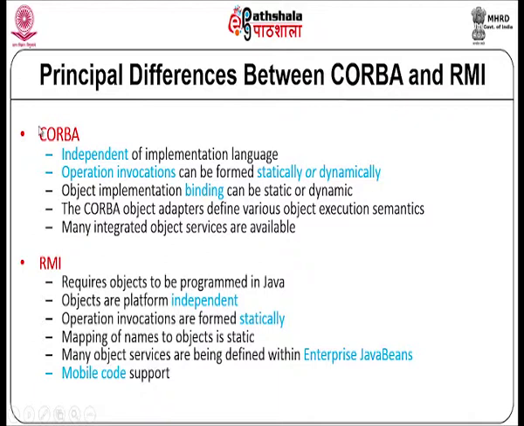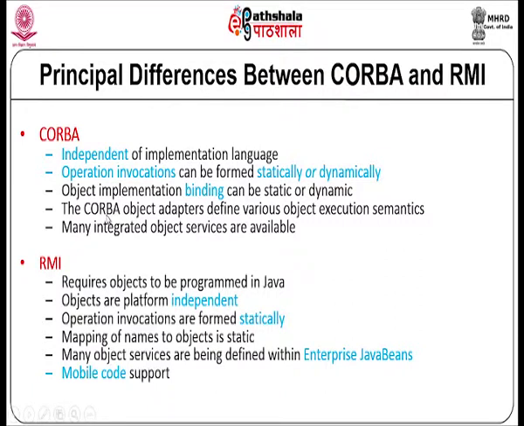CORBA is independent of the implementation language, but RMI requires all the objects to be programmed in Java. In CORBA, operation invocations can be formed either statically or dynamically, whereas in RMI, operation invocations are formed statically.